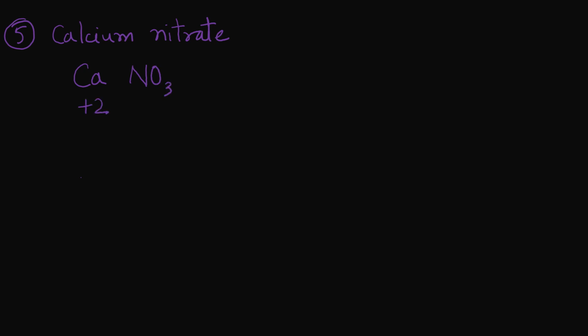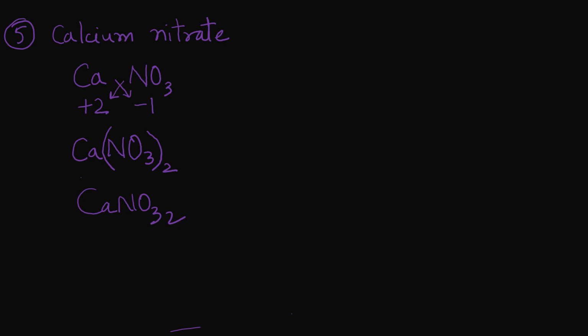Calcium has a valency of +2. Nitrate, again, the charge from the polyatomic list is -1. What would we do now? We'll crisscross the charges. The formula we come up with is CaNO3 twice. Twice means we need 2 of the nitrates. How do we write those 2 nitrates? By putting a bracket around the nitrates. We cannot write it like this because this will end up reading as NO32, right?